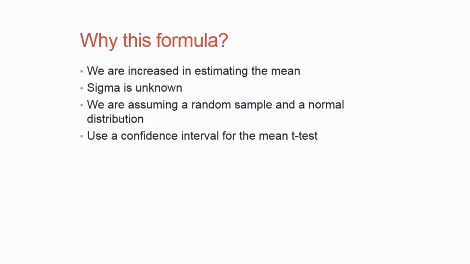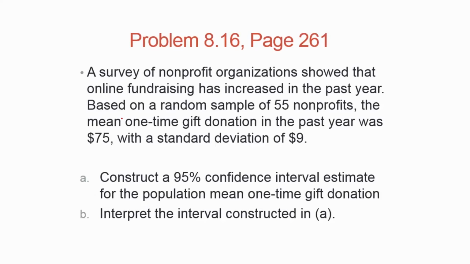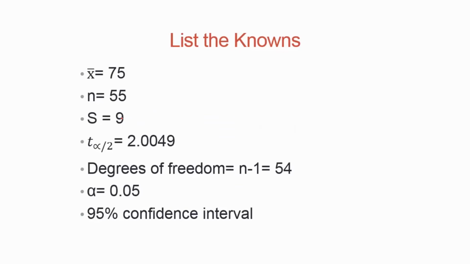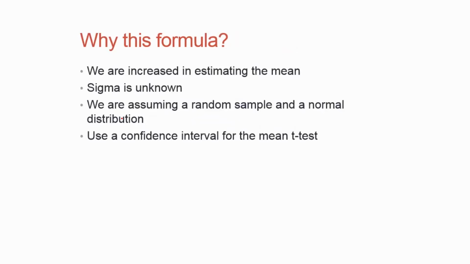Sigma is unknown because, remember, the standard deviation came from the sample; 75 was based on the sample of 55. We want to estimate the mean, and so we're going to use the confidence interval for the mean t formula.